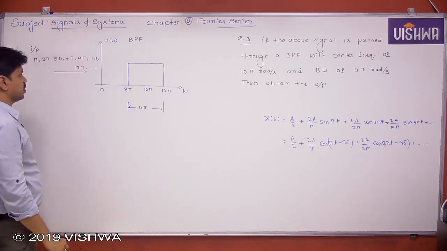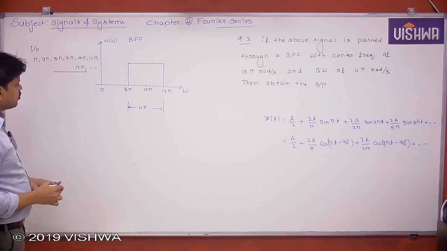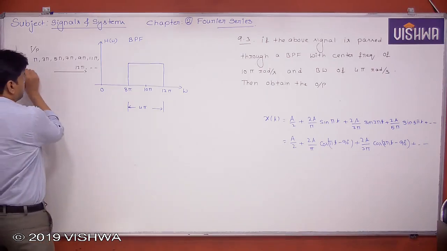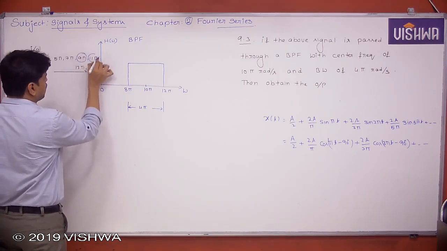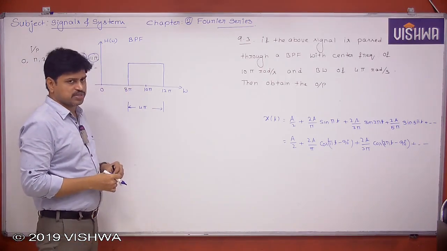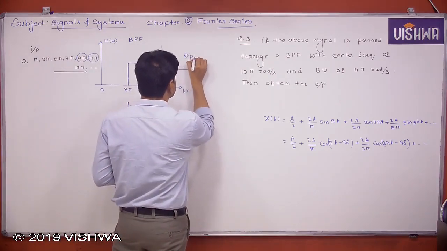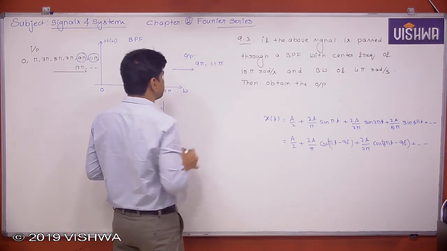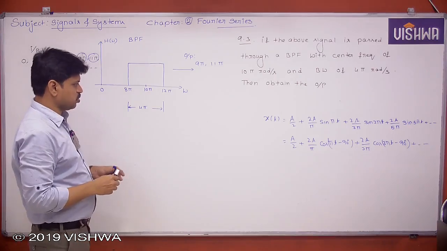If these frequencies are passed through the band pass filter, what comes out at the output? Up to 7 pi is outside this. Next we are having 9 pi and 11 pi. Only these frequencies will pass through this band pass filter. So the output has the frequencies 9 pi radians per second and 11 pi radians per second.